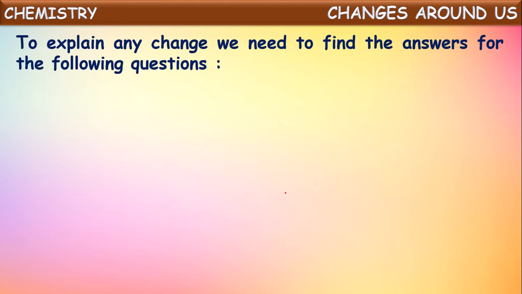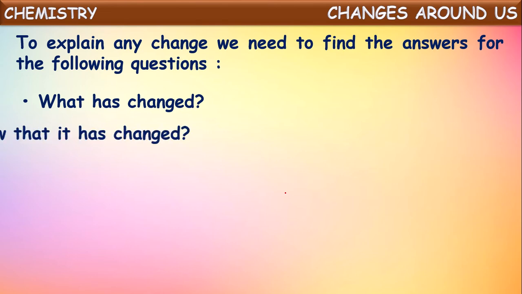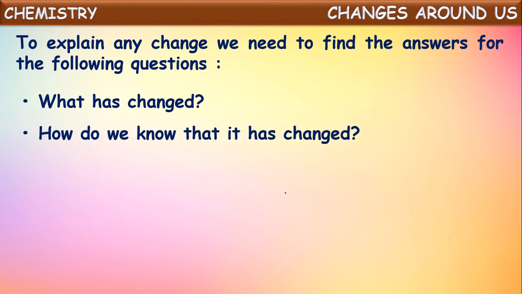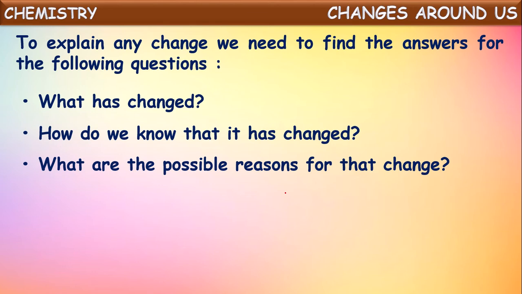To explain any change, we need to find the answers to the following questions. Then we can explain what kind of change it is and why it changed. The questions are like this. What has changed? And how do we know that it has changed? And what are the possible reasons for that change?